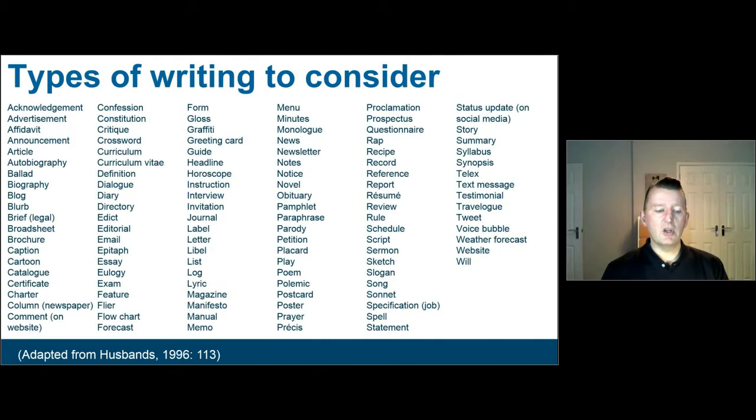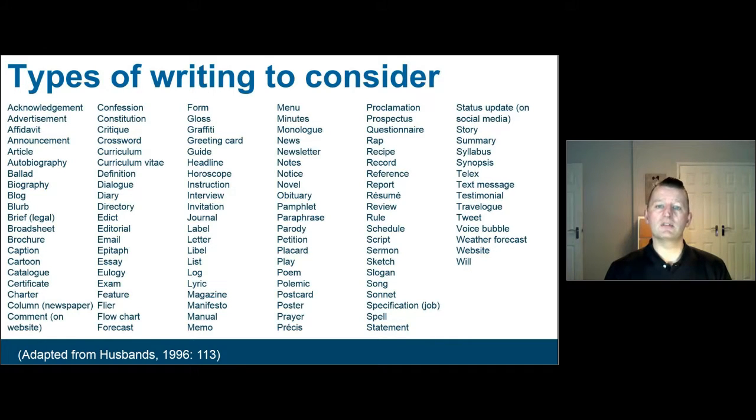Now, here's a huge list that I've taken from Husband's book and added to. I'm clearly not going to read through all of these, but I thought it was just worth including because it illustrates that there are so many different types of outcome as a history teacher that we could set as a task in the history classroom.